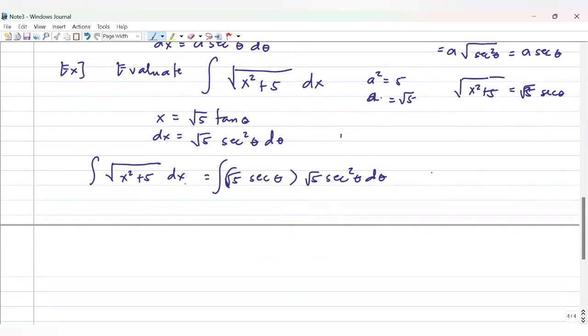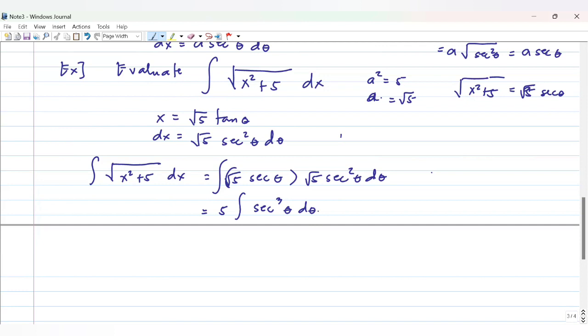So what comes next? This will be square root of 5 times square root of 5 is 5. Since this is a numeric value, let's put it outside the integrand. So that will be secant times secant squared, that will be secant cubed of theta d theta. Okay, so notice this one. That is secant cubed theta d theta.